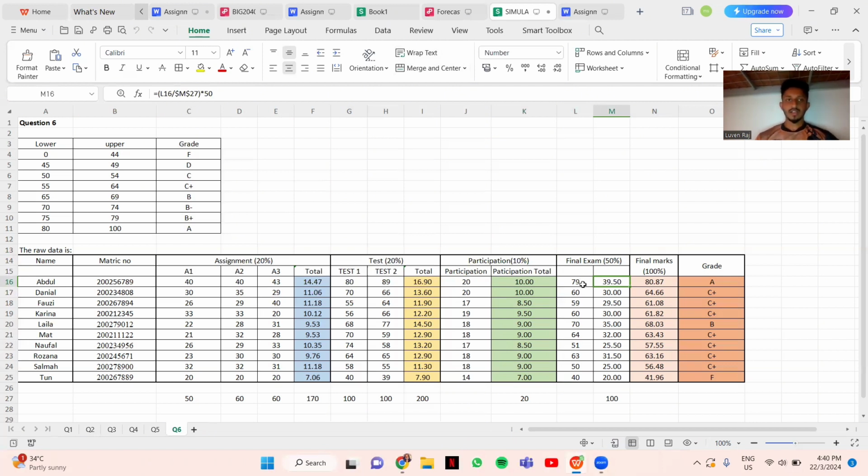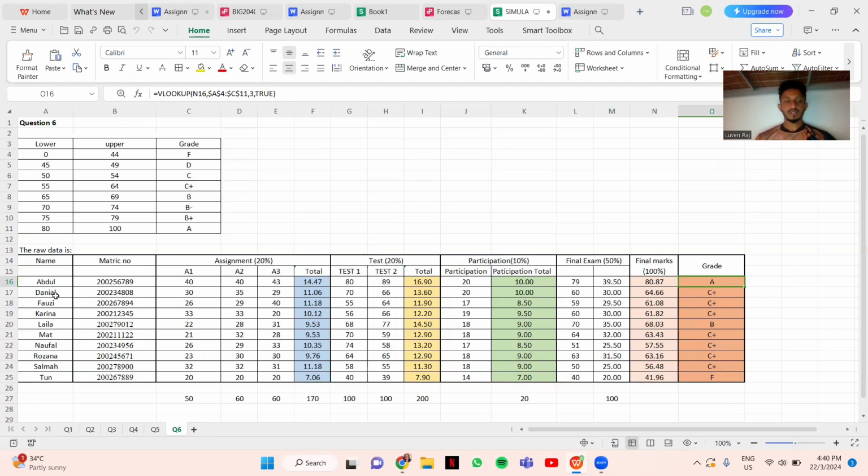So 79 divided by 2, half of it, will be 39.50, right? So in total it will be 80.87. So the grade is A.